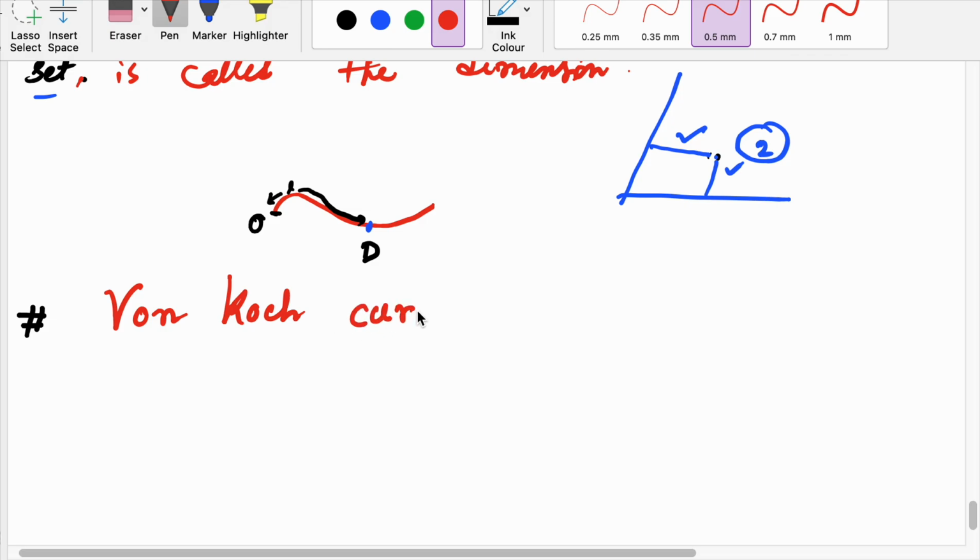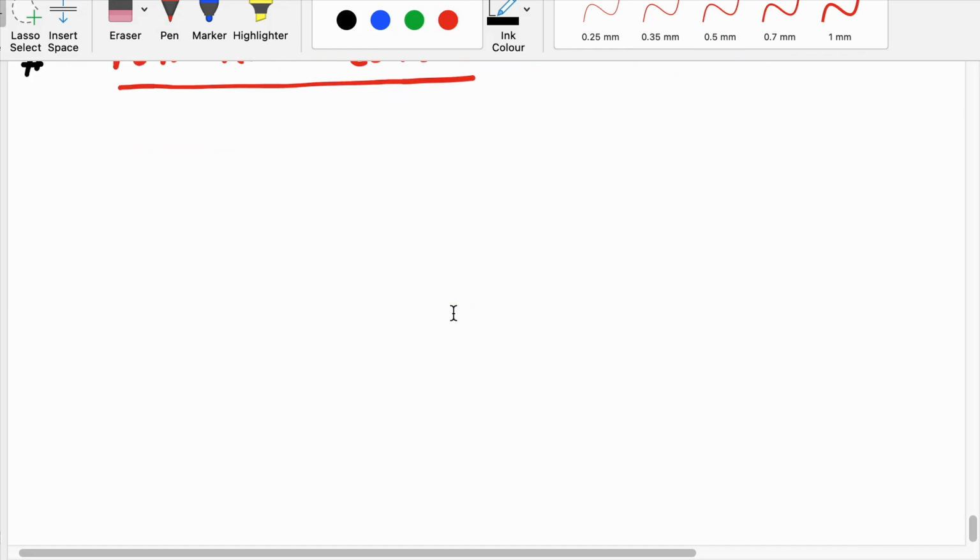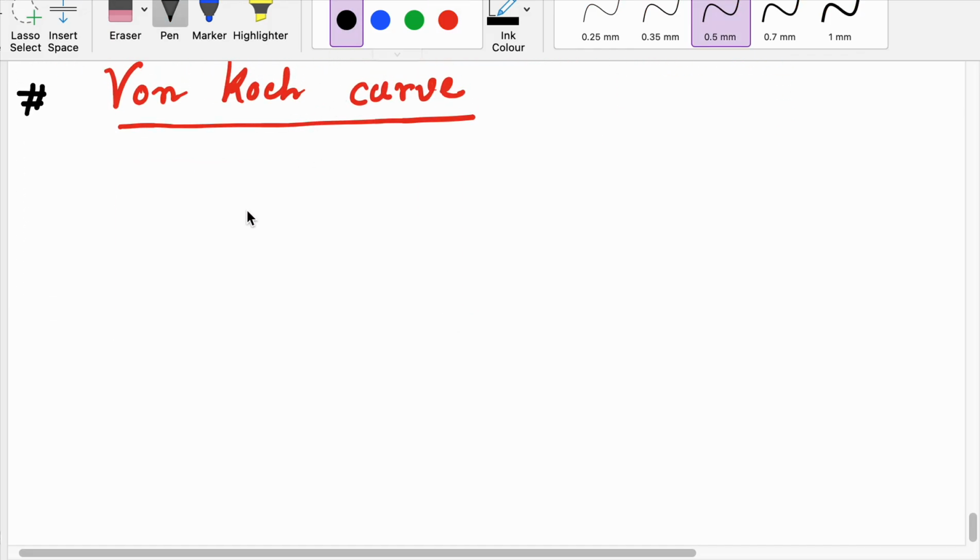So let me first make these things. This is very interesting because looking at the von Koch graph is very interesting. I will show you our computer graphics first. Let us see what is the way to make a von Koch graph.